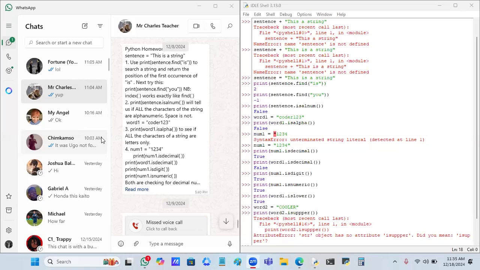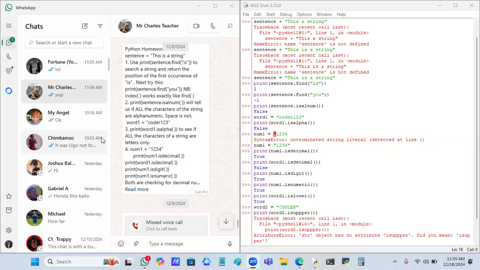Okay. Now, let's pretend that you did that same isalnum on word 1. You can see word 1 there has coda 1, 2, 3. What do you think it would have returned, true or false? False, because it said all the characters of the string are alphanumeric.